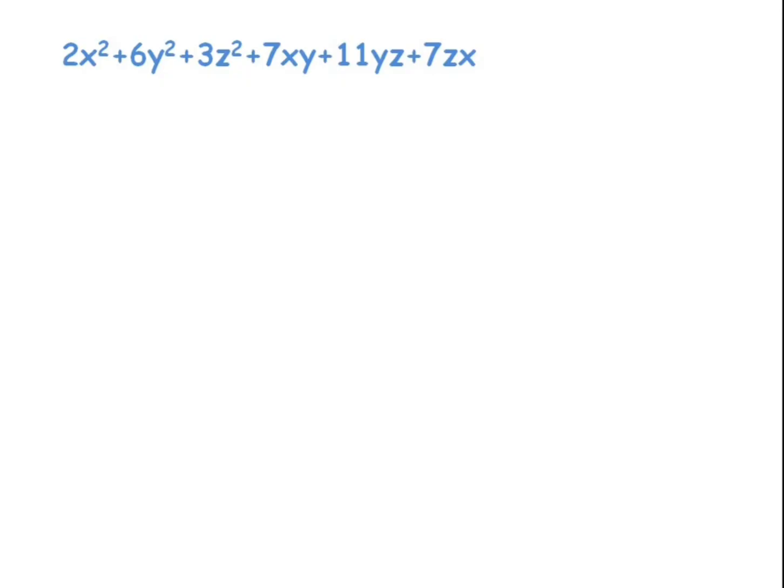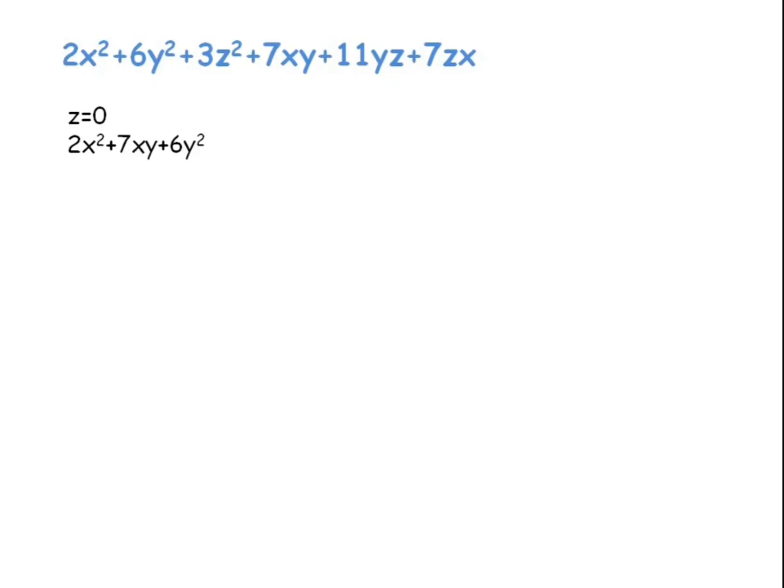So in the first case, we are going to take z equal to 0. So when you say z equal to 0, all the terms which contain z get nullified. So what are we left with? We are left with 2x square plus 7xy plus 6y square. Now how to factorize this one? This we already discussed in factorization of quadratic equations.